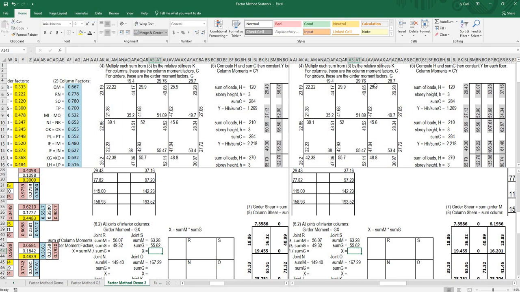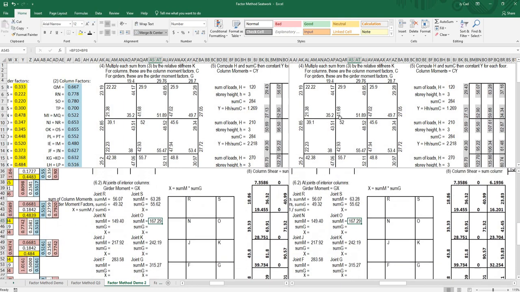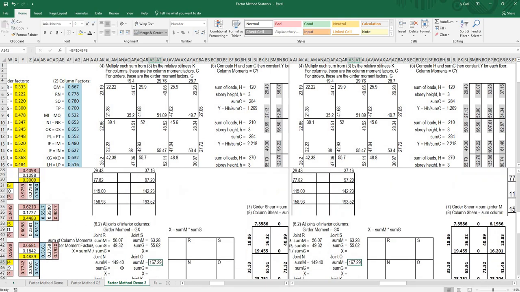And then, at joint N, dito sa baba, this is equal to 35.2. Summation G is 35.2 plus 52. Tapos at joint O here, this is equal to 51.89 plus 45.6.